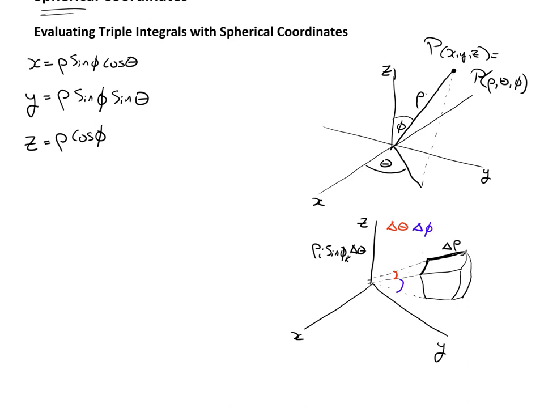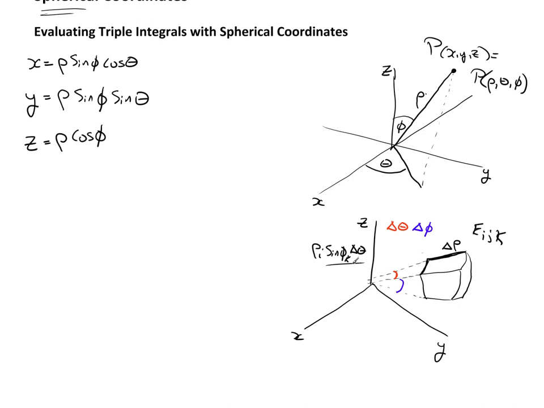So I drew this big wedge, but think about this now as a smaller wedge inside here. Pretend for a moment that we've got this big wedge, and we're going to break this up into sub wedges, just like we broke up the rectangular regions into sub rectangles. So this is describing a particular rho i, sine phi k in a wedge E i j k. So this is the ijkth wedge.